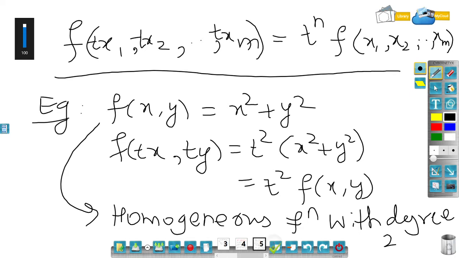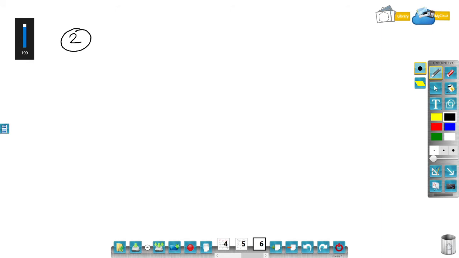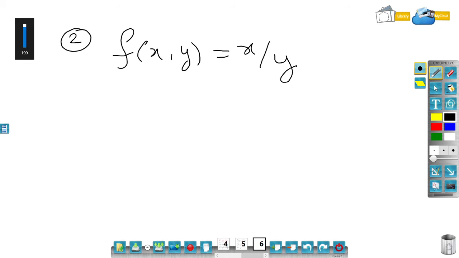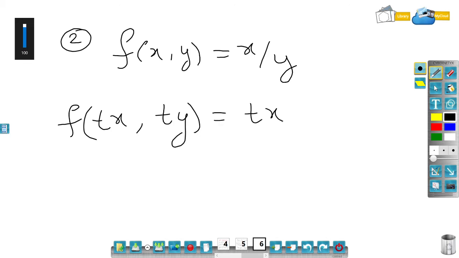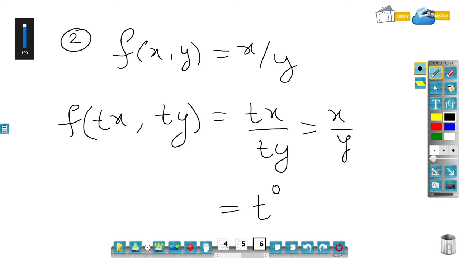I can take one more example. f of x comma y is equal to x upon y, provided y is not equal to 0. Let's find out whether it is homogeneous or not. f of tx comma ty is the same as tx upon ty, which is x upon y, which can be viewed as t raised to 0 times x by y, which is t raised to 0 times f of x comma y.